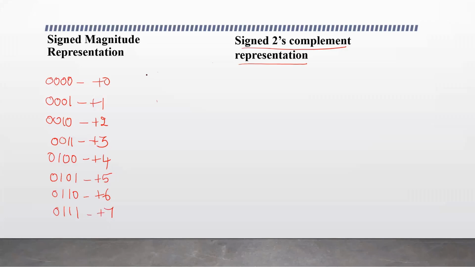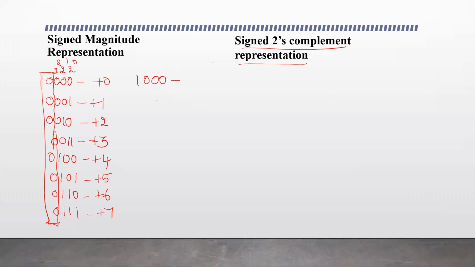If you take the next number in this pattern, it is 1, 0, 0, 0. It's not 8. In signed magnitude representation, the bit positions are 2 power 0, 2 power 1, 2 power 2, and the last bit is the sign bit. The sign bit will not be included as data.